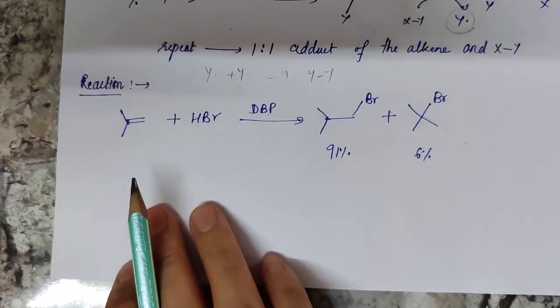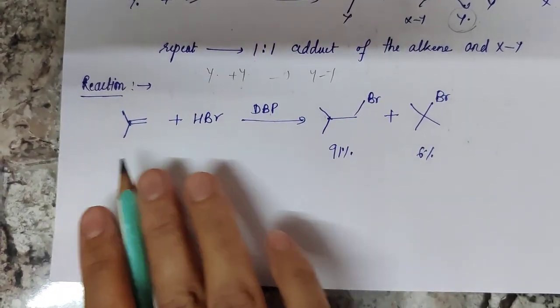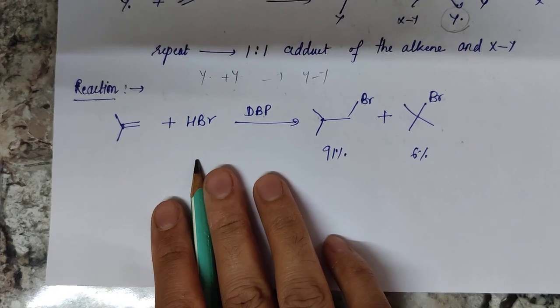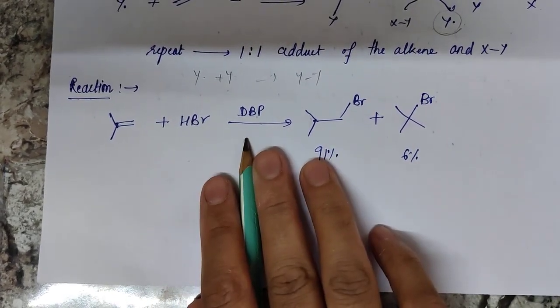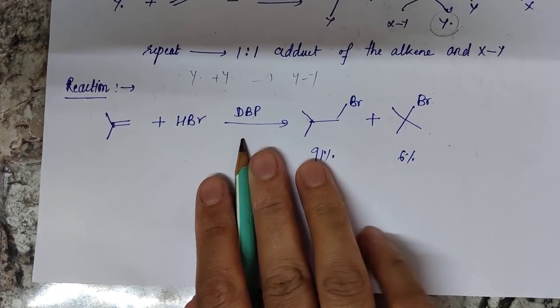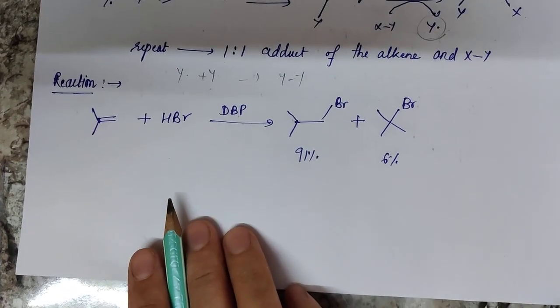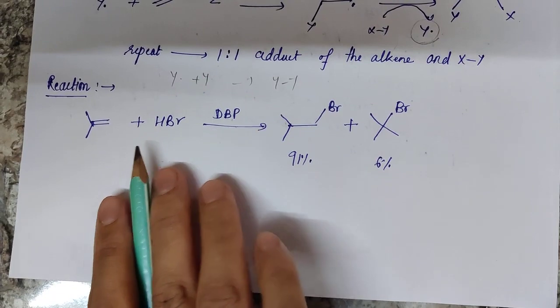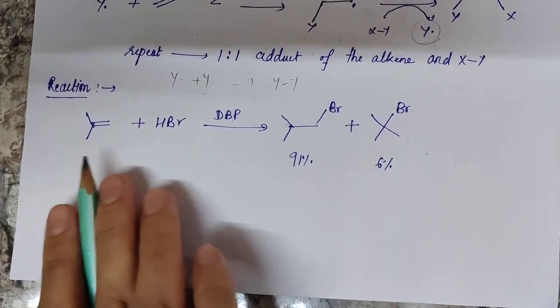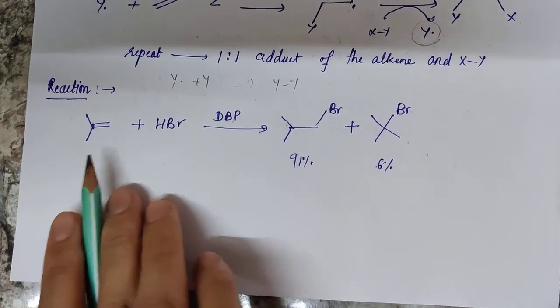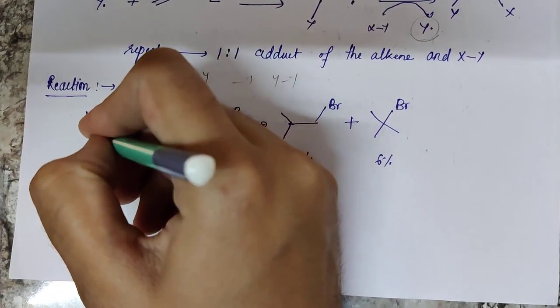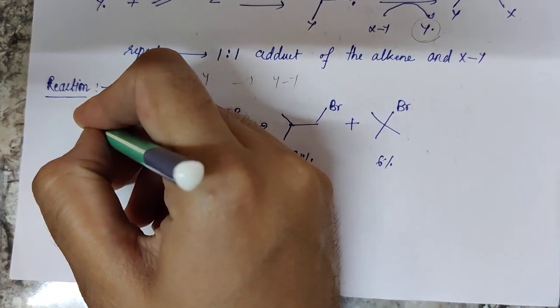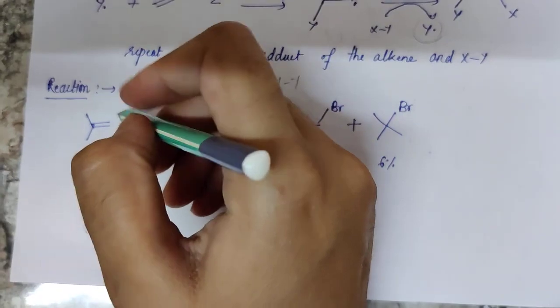If we look at the reaction, we have alkene and we have HBr and our peroxide DBP. So one is we are getting 1:1 adduct. Two possibilities are there, that hydrogen gets attached here and bromine gets attached here.